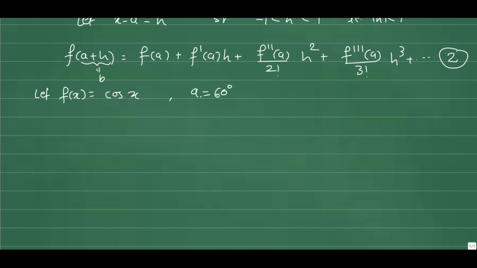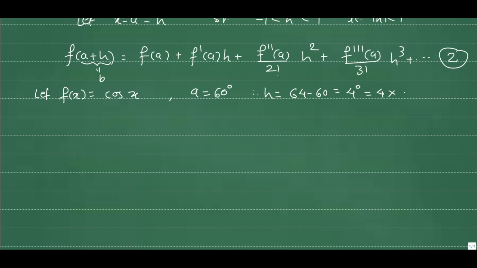You could even choose a as 0 degree, but in that case h will be 64, which is very big compared to what we are getting now. When you take a equal to 60, therefore h will be 64 minus 60, which is 4 degree, which is equal to how much?